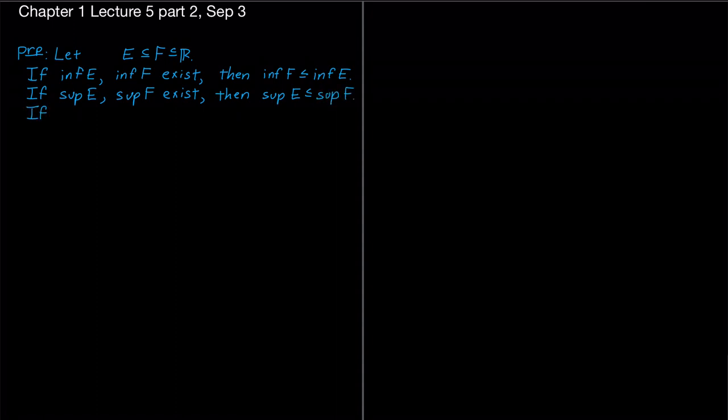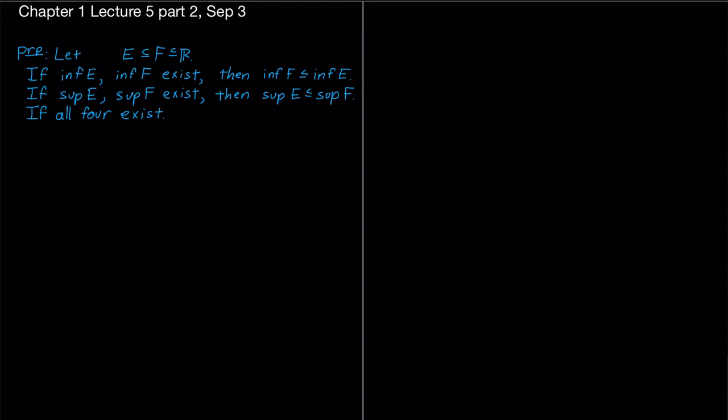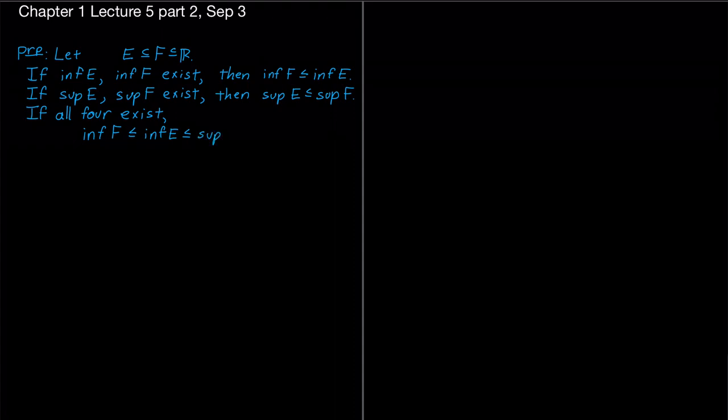And if all four exist, then the infimum of F is less than or equal to the infimum of E, which is less than or equal to the supremum of E, which is less than or equal to the supremum of F. So any set that has both an infimum and a supremum, the supremum is bigger than all of the elements, the infimum is smaller than all of the elements, so the supremum obviously is bigger than the infimum.